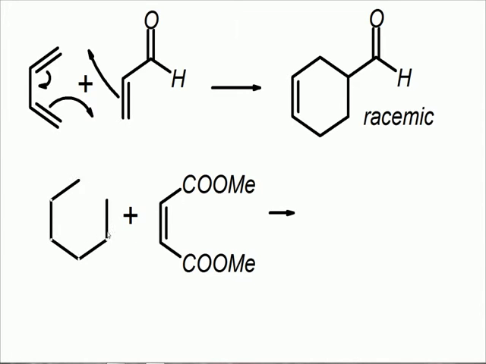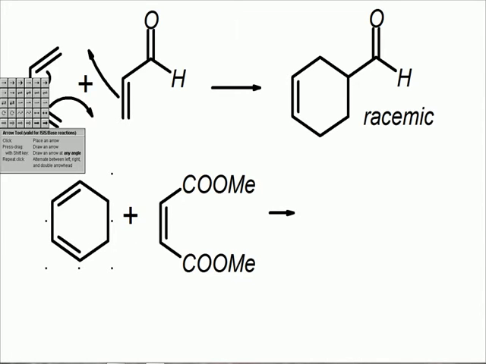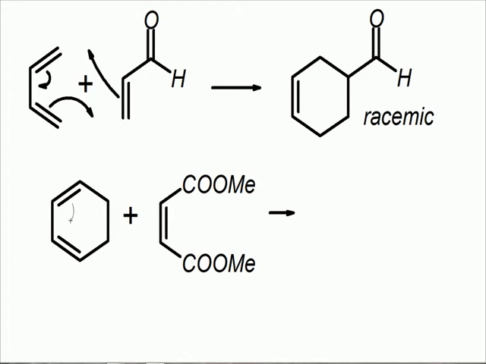We do our arrow moving, so let's move some electrons to there to form the internal, or really the only, pi bond we're going to retain.